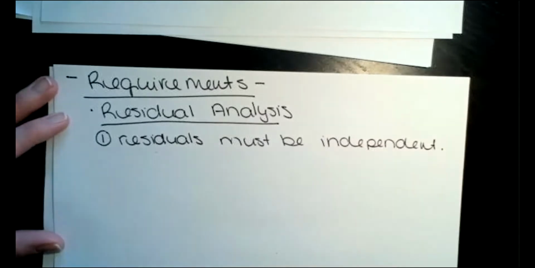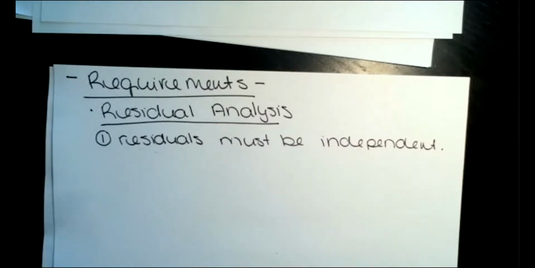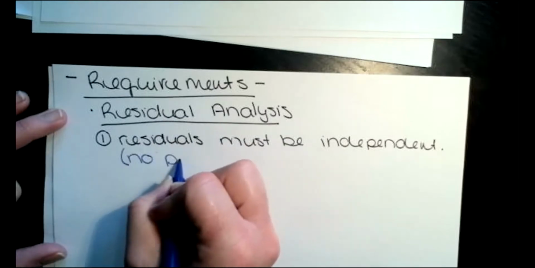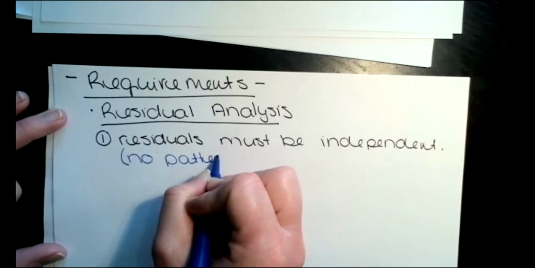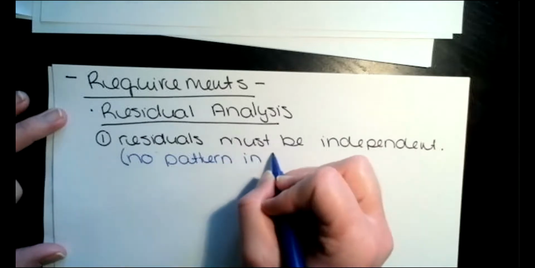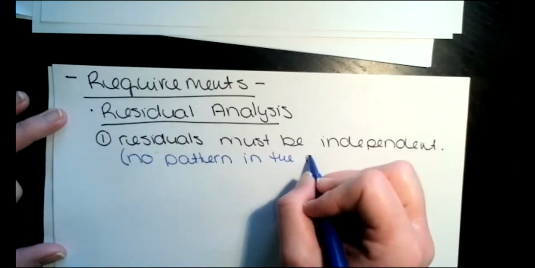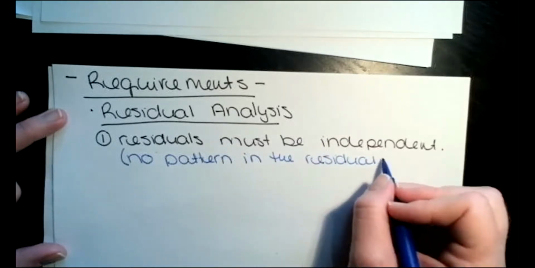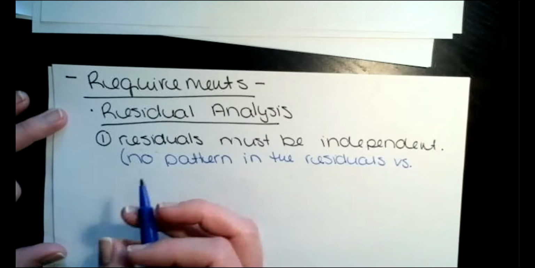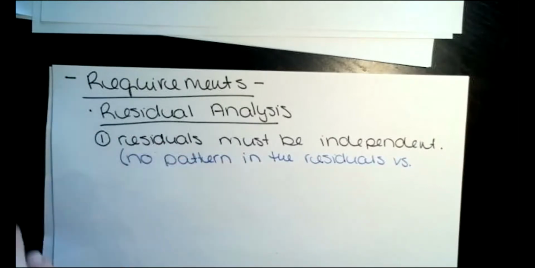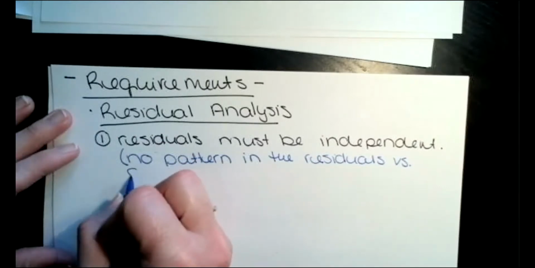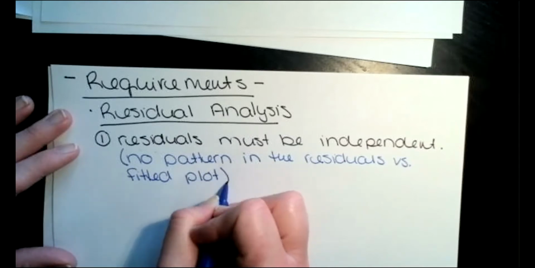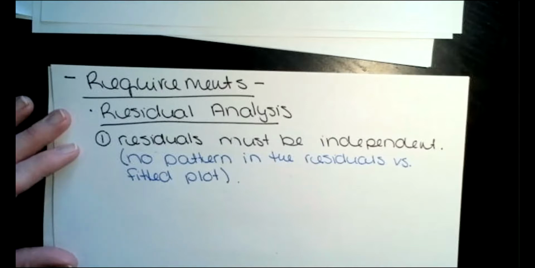And like I mentioned before, we want to see no pattern. Okay, so we don't want to see a pattern in the residuals. Remember what the residuals are, that's just my error, right? Versus fitted Y plot. Okay, so that's what we're looking at.